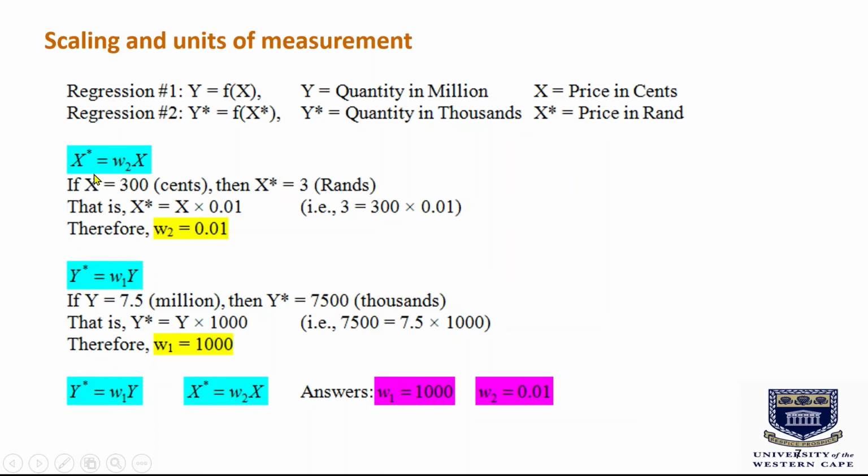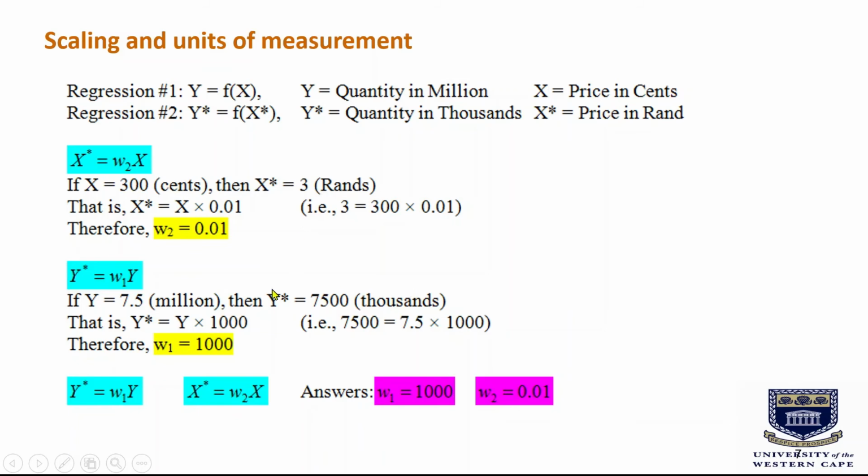Okay, so x is the original measurement scale, it's in cents, and if that is the value for x, and we want to reinterpret x in rands, in other words, we want x star, then how would that number change? What becomes of 300? Well, the 300 was measured in cents, so if we want to measure that in rands, we simply divide by 100. Or another way to put it is to multiply by 0.01.